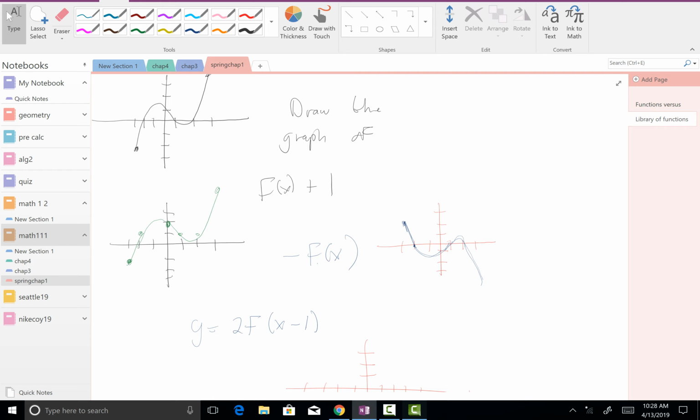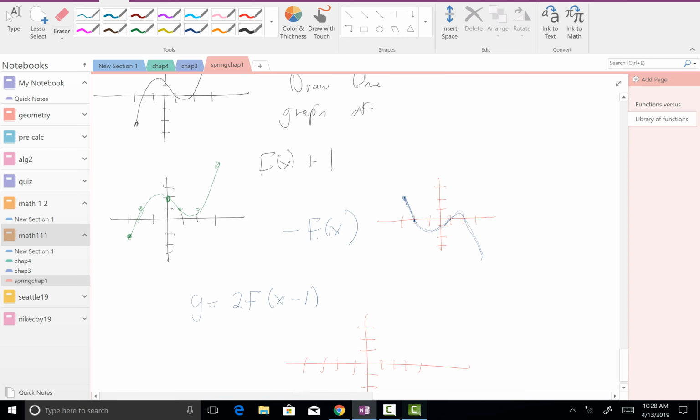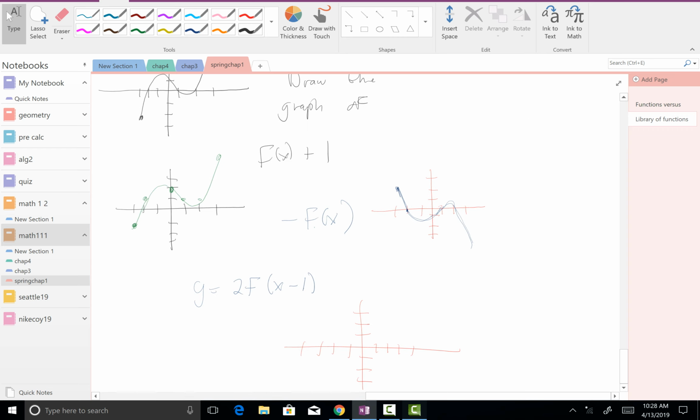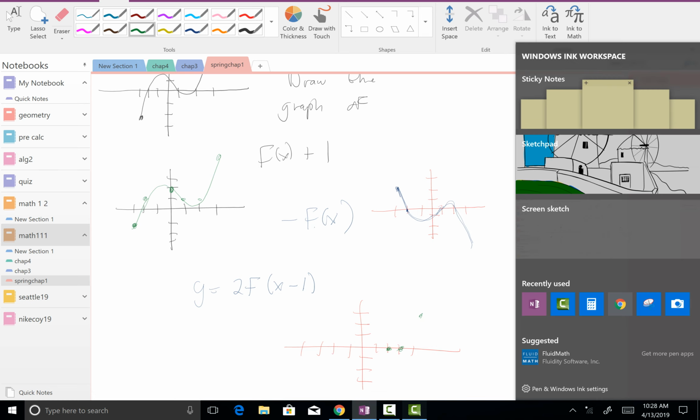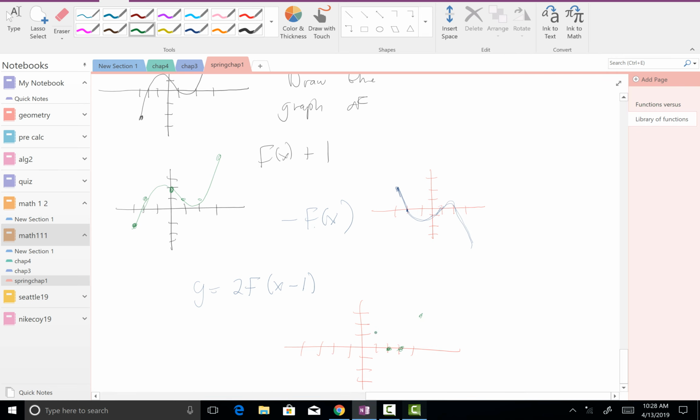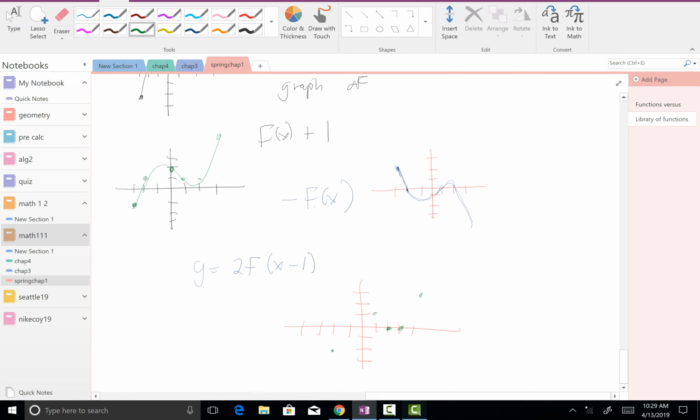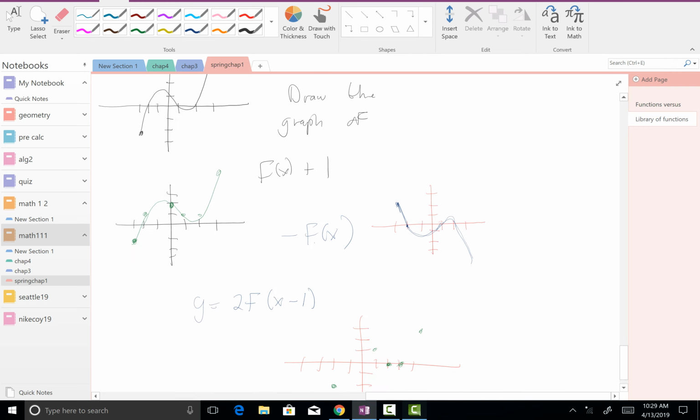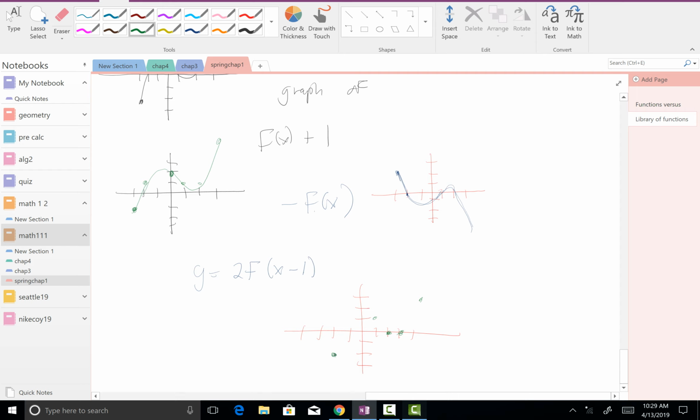So I'm going to take it and shift it. So over here, here we go. This is going to shift to there. This is going to shift to there. This is going to shift to there. This where it was 1 is going to shift to there. This negative 3, which was about negative 2, is going to shift to there. Everything's going to shift over just a little tiny bit. So I'm going to get something that looks like this.